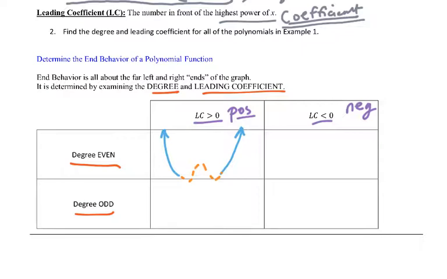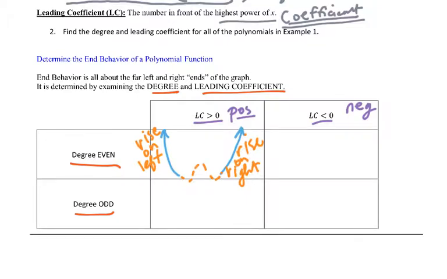We would describe this as rising on the left and rising on the right. So if the degree is even and the leading coefficient is positive, it rises on the left and rises on the right. So we can say it rises on both sides. And they're all going to typically have that shape if it's an even degreed polynomial with a positive leading coefficient.